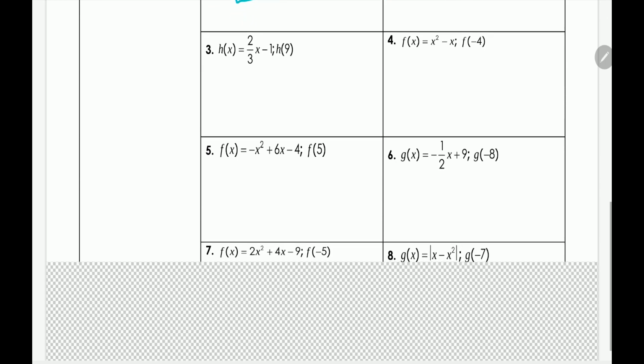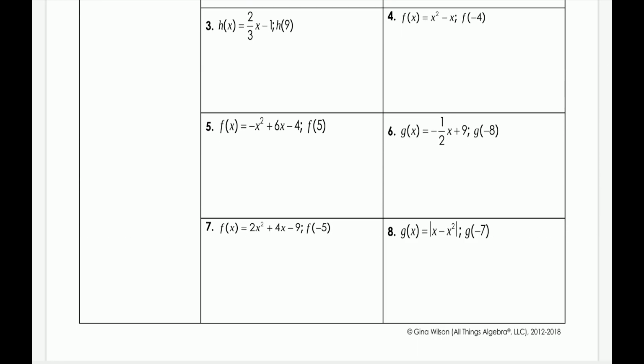Now to number 3. We have h of x is equal to 2 over 3 times x minus 1, and we're asked to find h of 9. So we have h of 9 is equal to 2 over 3 multiplied by, we change the x into 9, minus 1. Now we start solving this.